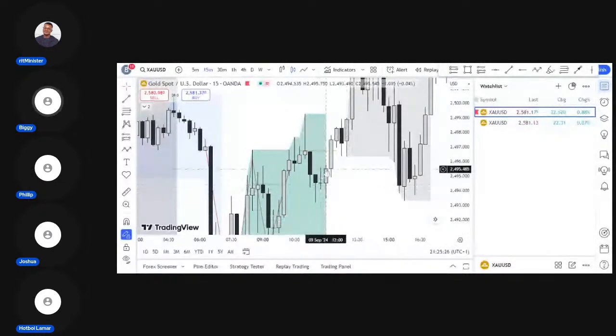So after we had this beautiful SCOB, in this kind of case, I don't normally wait again for the price to come and take out and then I enter here. That would be a late entry for me.